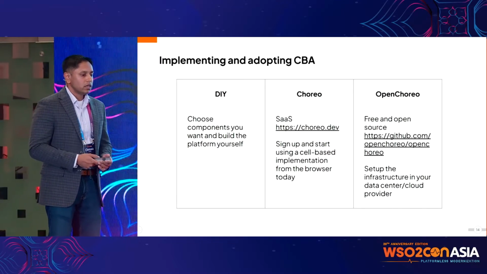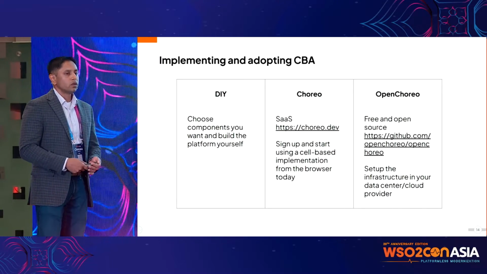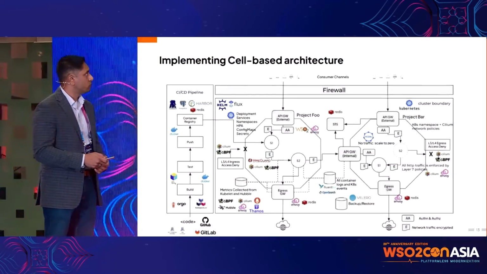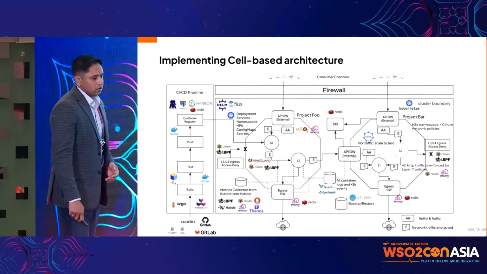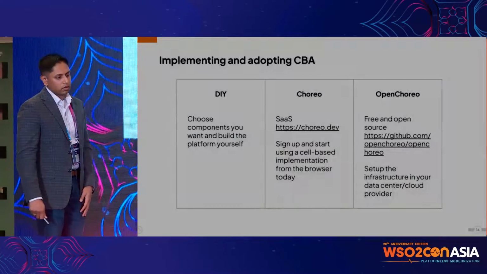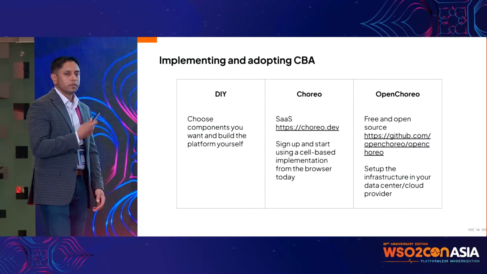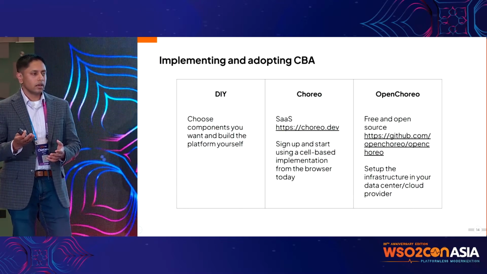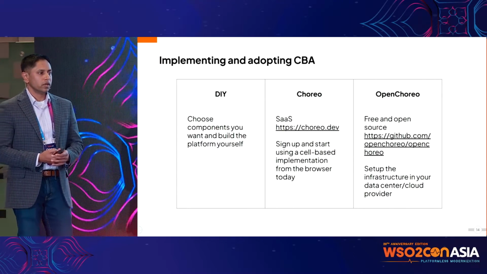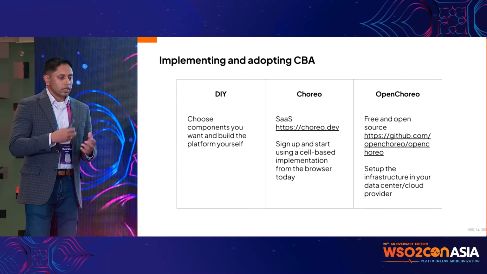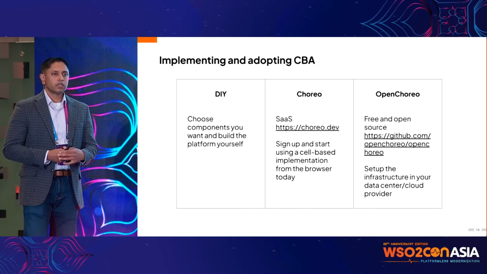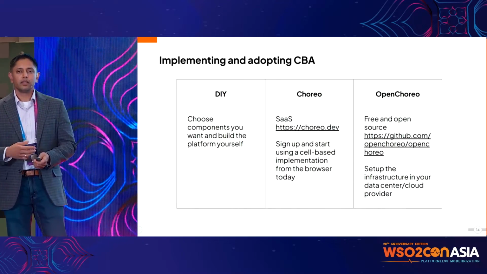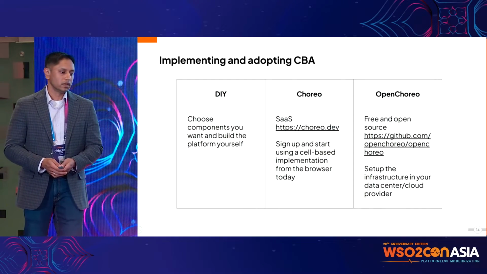Another option is Open Choreo, which is a completely free and open source version of this, a complete runtime that implements cell-based architecture. I think there were a couple of sessions on Open Choreo as well. Again, you have to set this up in your own infrastructure, or on your cloud provider, and then start using cell-based architecture.